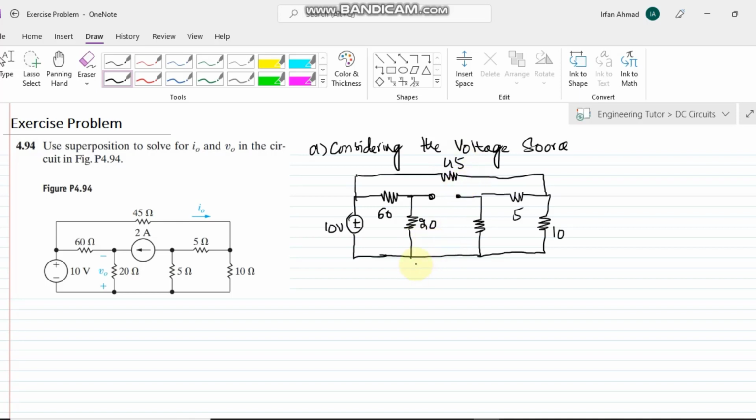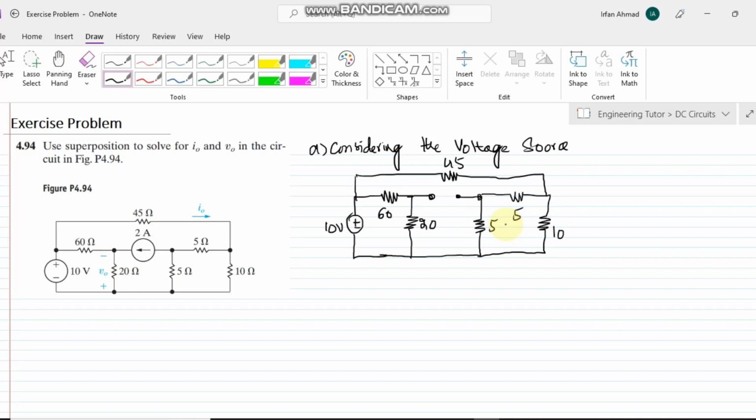Okay, so now that is the circuit in which we can very easily see that these two portions are now separated from each other, and it can be clearly seen here that these two resistances are in series with each other. Similarly, these two are in series and in parallel with this circuit.